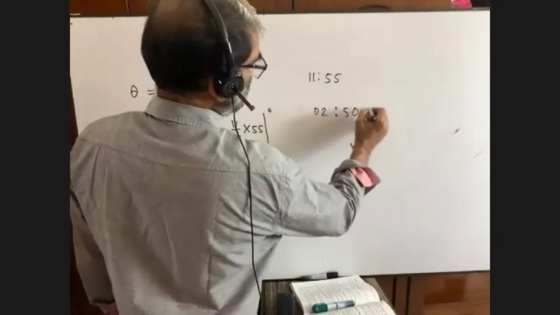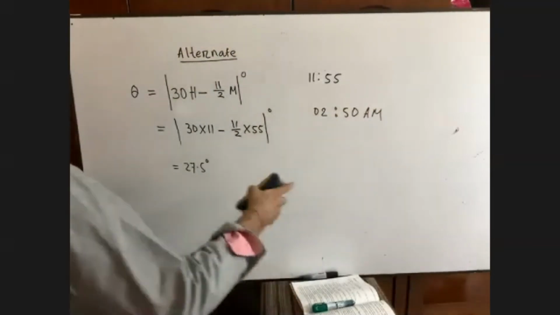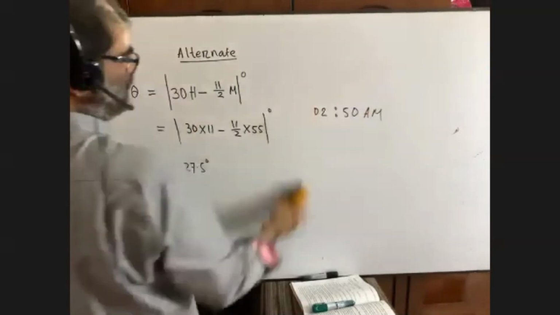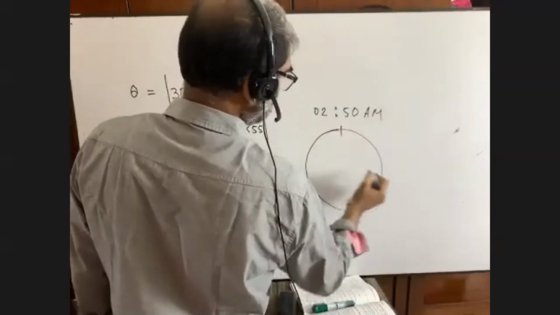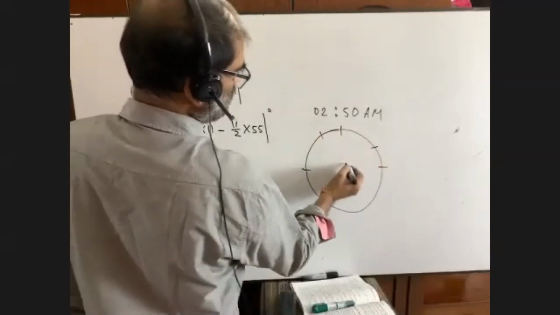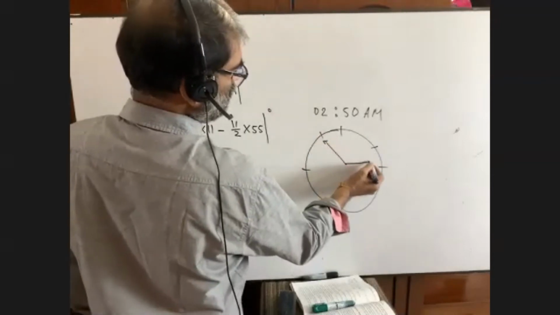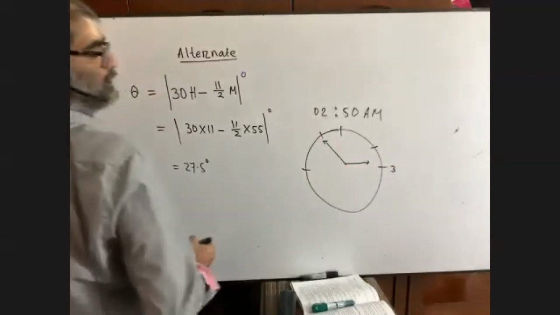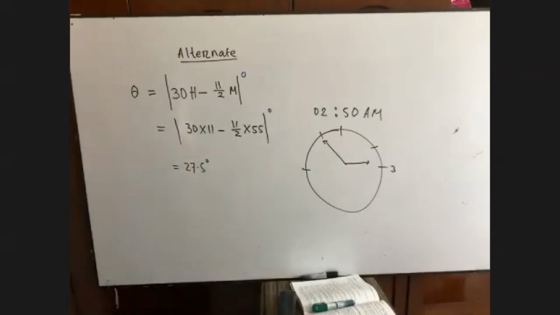Now, if the time given is 250, do it now. What will be the figure? Suppose it is 12, 3. This is the center. It is 250. This is 2, it is 3. Please find out. Sir, 145.